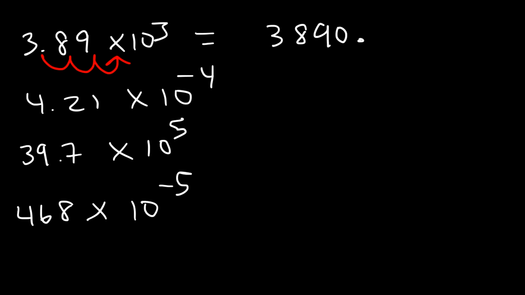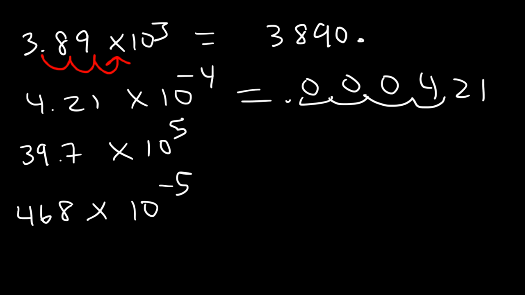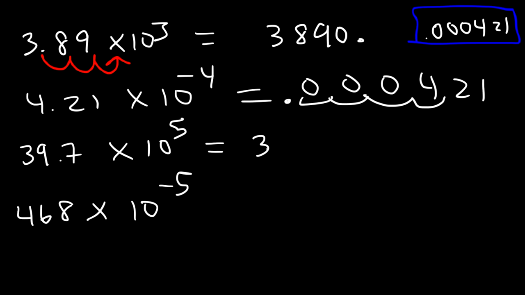Now for this example, we got to move to the left. Negative exponents will give us a small number. So 1, 2, 3, 4. So therefore it's 0.00421. That's the answer to the second problem. Now for the third one, we need to move towards the right.